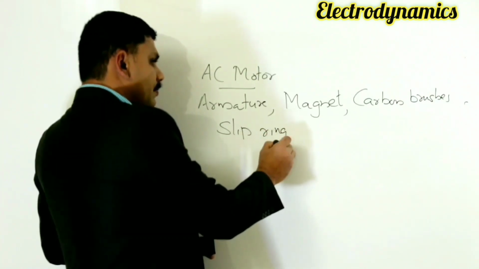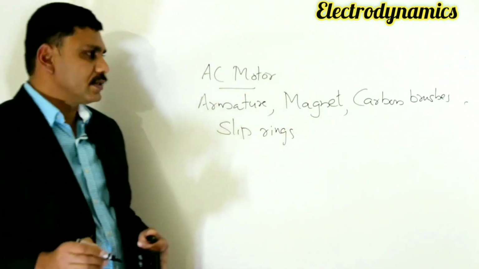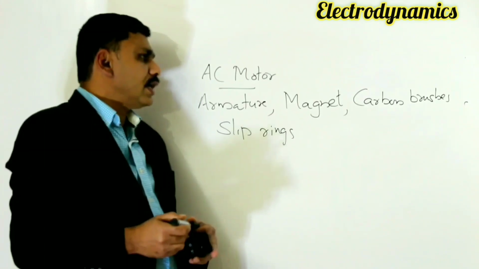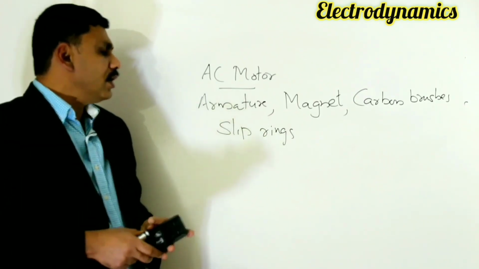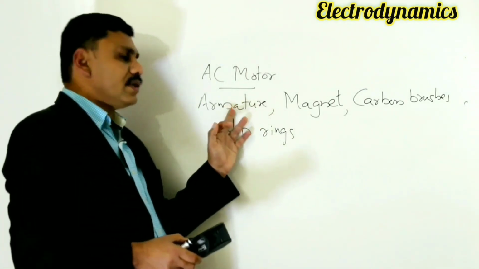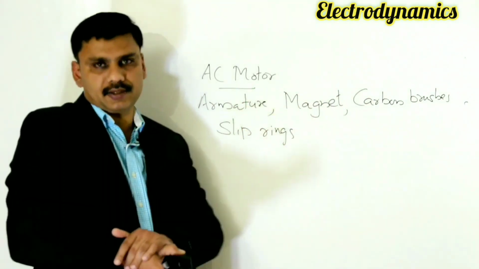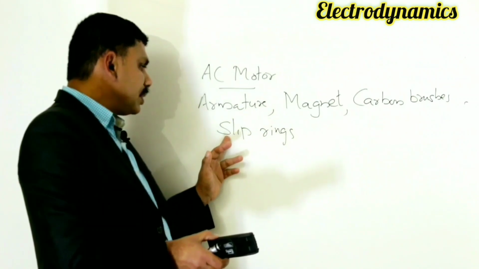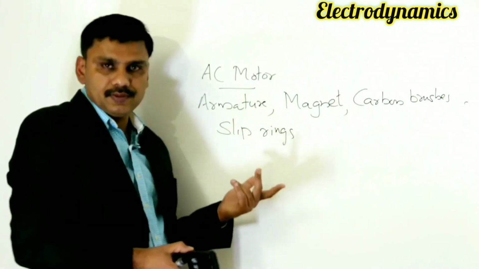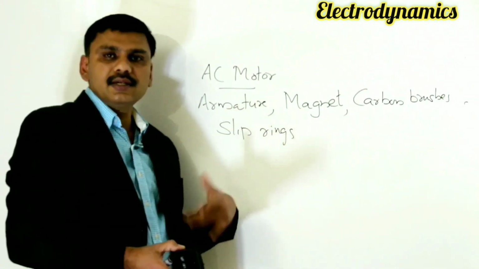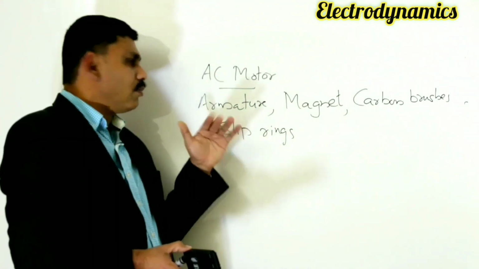These are the main parts of AC motor: armature, magnet, carbon brushes, and slip rings. If it is split rings, it is DC motor. If it is slip rings, it is AC motor.